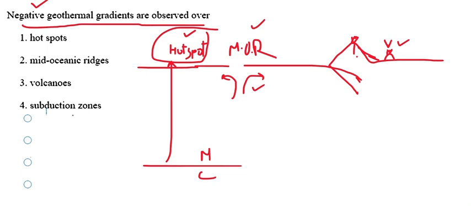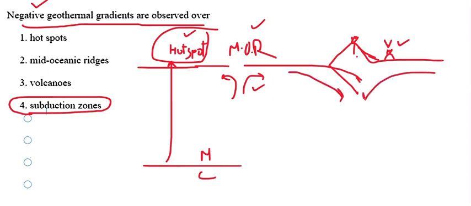Okay, but in subduction zone, these convection currents are going down. So at that spot, geothermal gradient is low or negative.